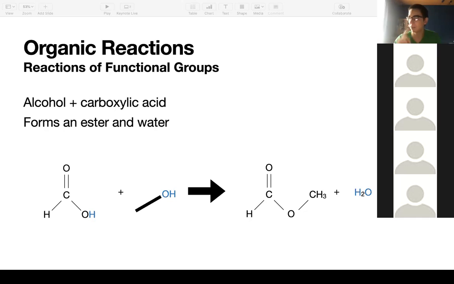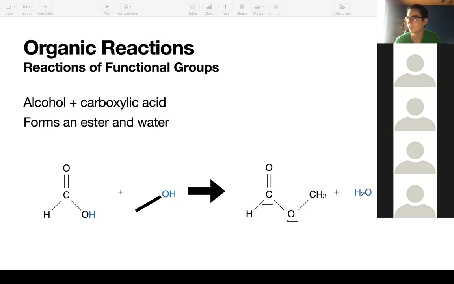Whenever an alcohol and a carboxylic acid meet, the alcohol will drop its OH, pick up this hydrogen to form water. What is left is this methyl right here, and that methyl is just going to attach where that hydrogen previously was and form an ester.